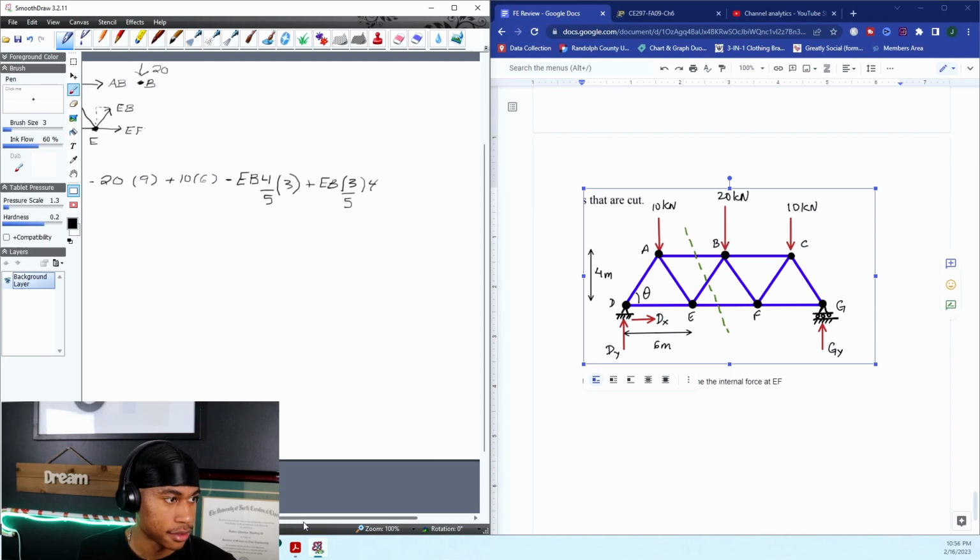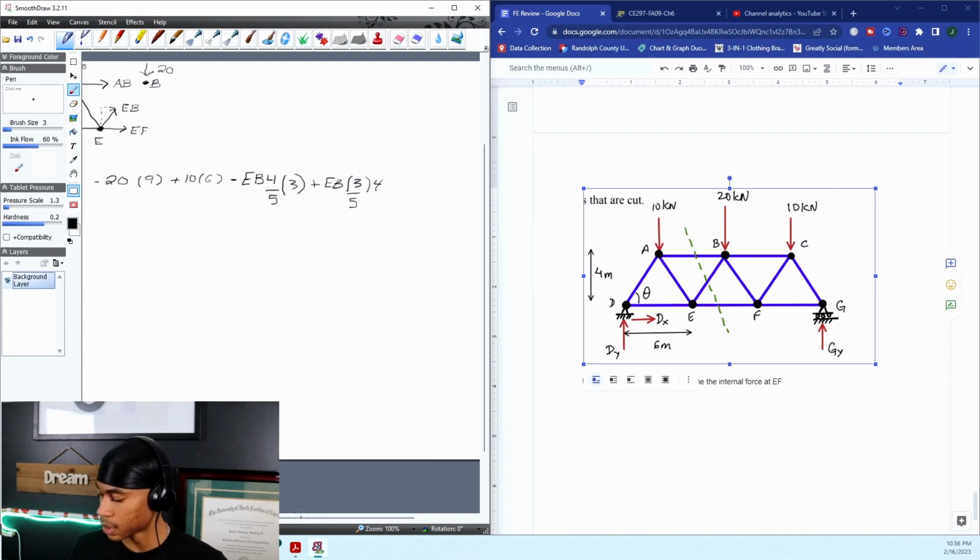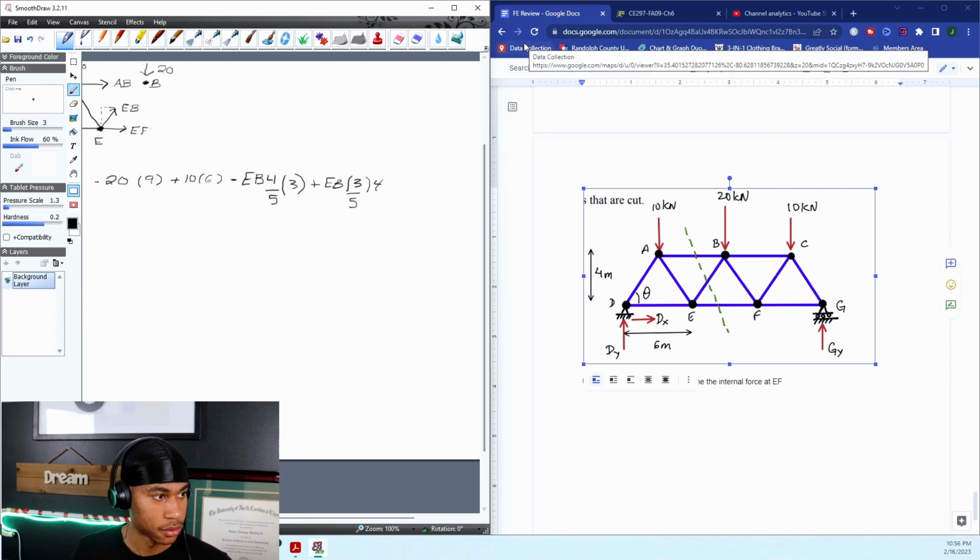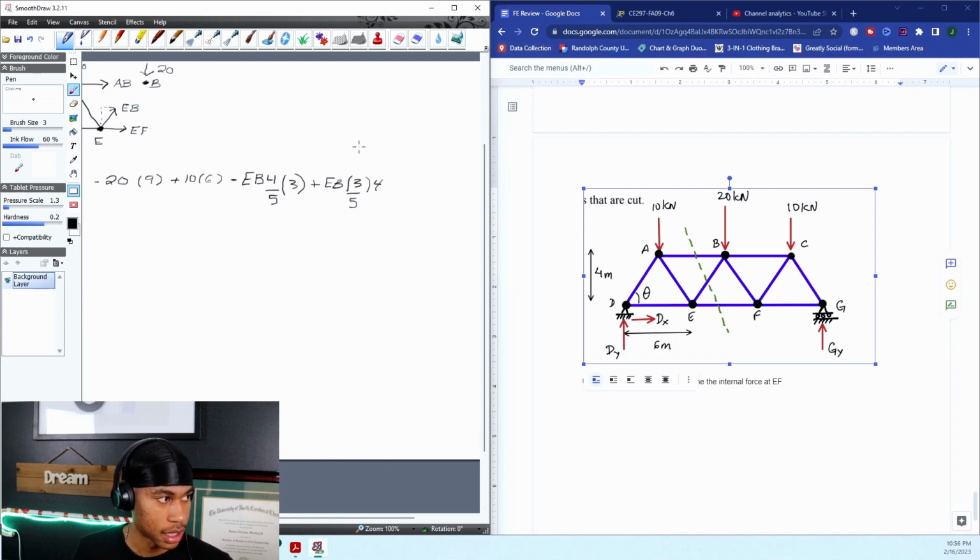So EF is just a horizontal force, all right, and it's coming up and around, so that's a positive. EF, and we're going to multiply that by the perpendicular distance, which is just 4.